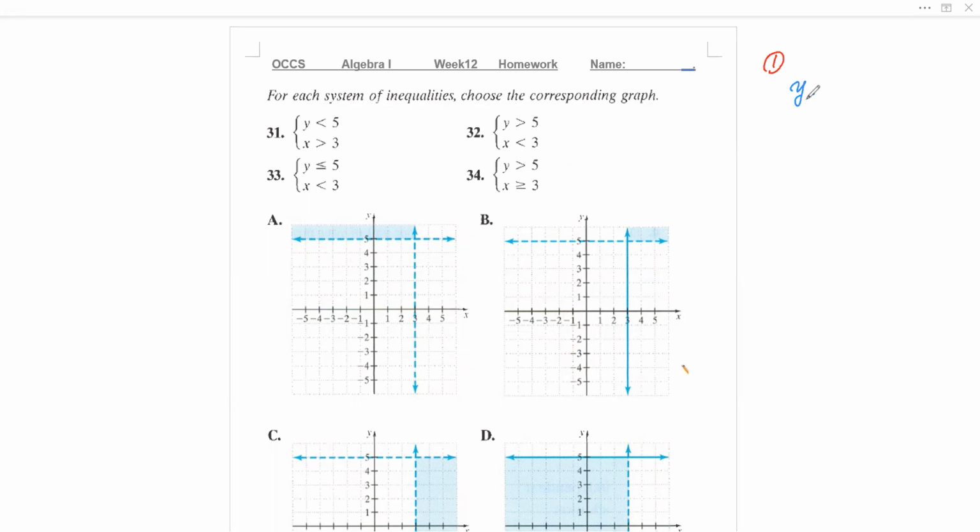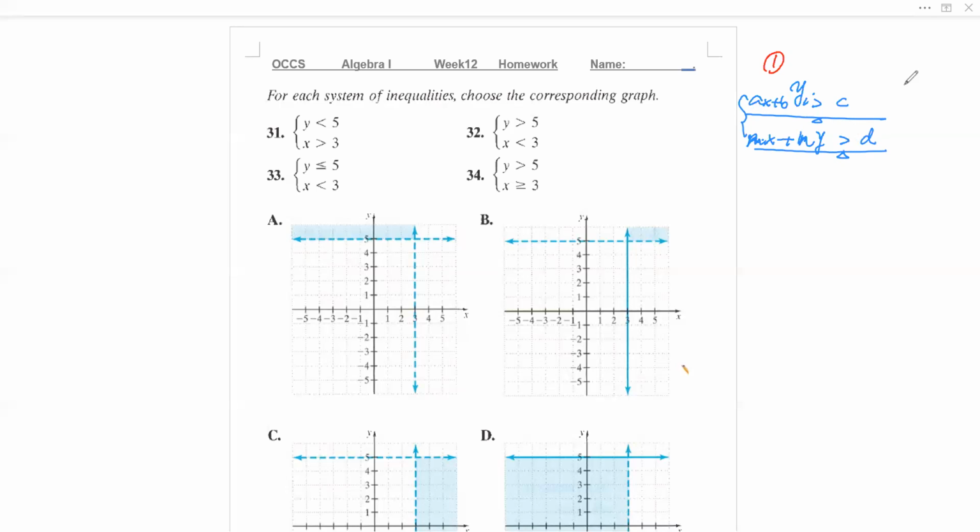Let me give an example: one of them is, let's say, ax plus by greater than c, and the other one maybe mx plus ny greater than d. So they have two inequalities.